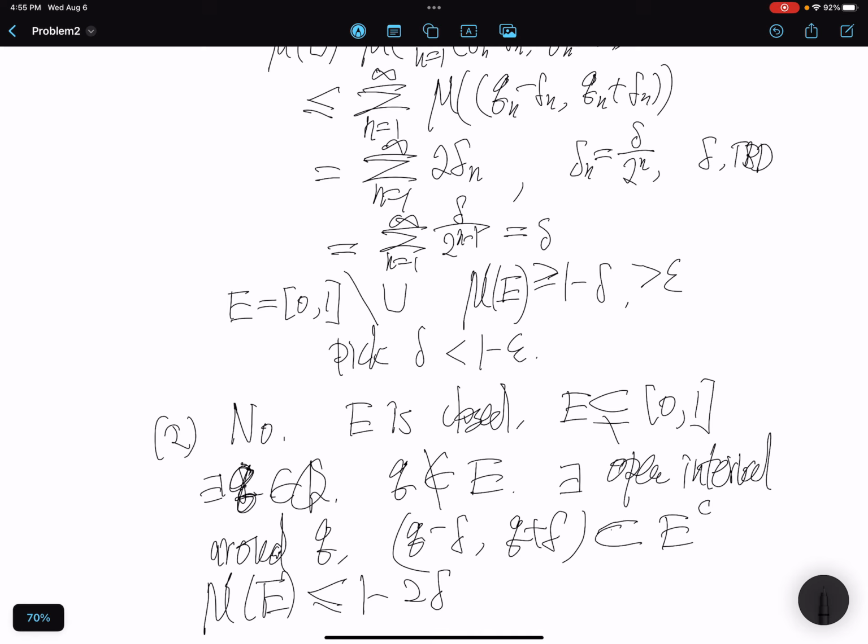Here delta is greater than 0, so it's strictly less than 1. So such an E does not exist.